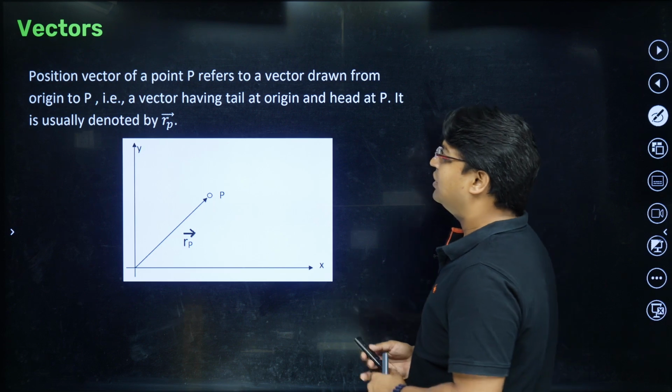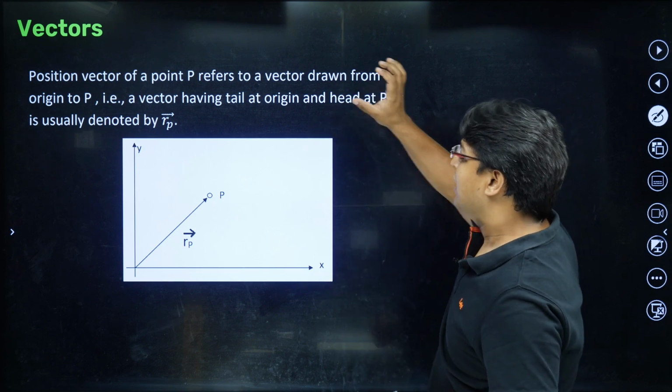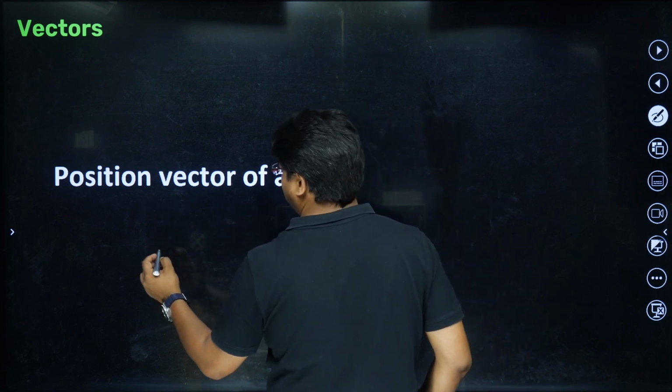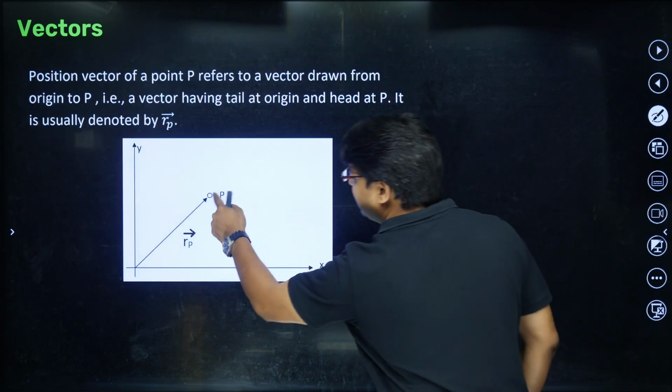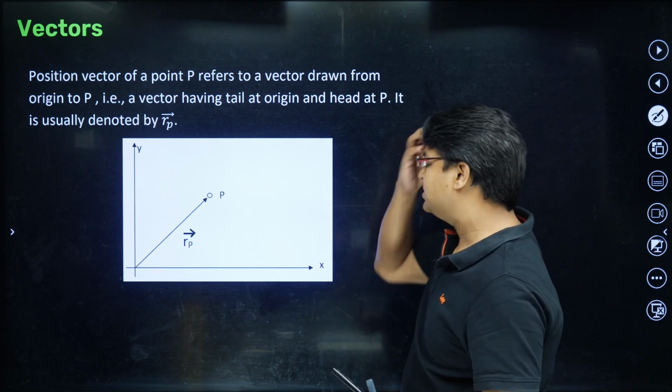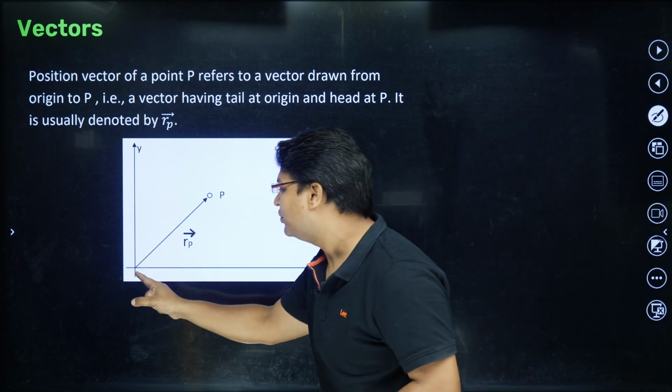Let's say there is a point P. What does the position vector of P mean? The position vector of P means a vector drawn from the origin towards this point.